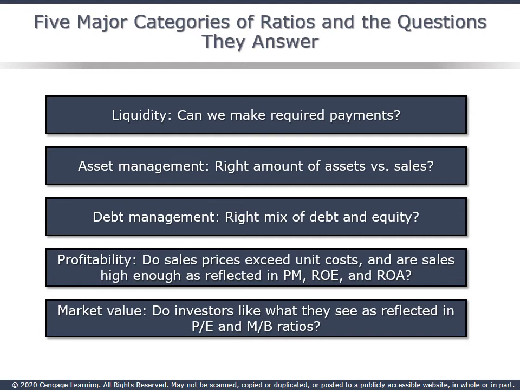And based on that, its profits, are they high enough based on the expenses that the firm has incurred? And finally, market value ratios are more of an investor confidence measure. The higher the market value ratios, the more confidence investors have in the long-term prognosis of that firm.